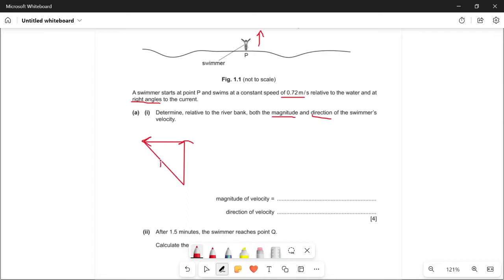So this is 0.72, and then this one is 0.54.